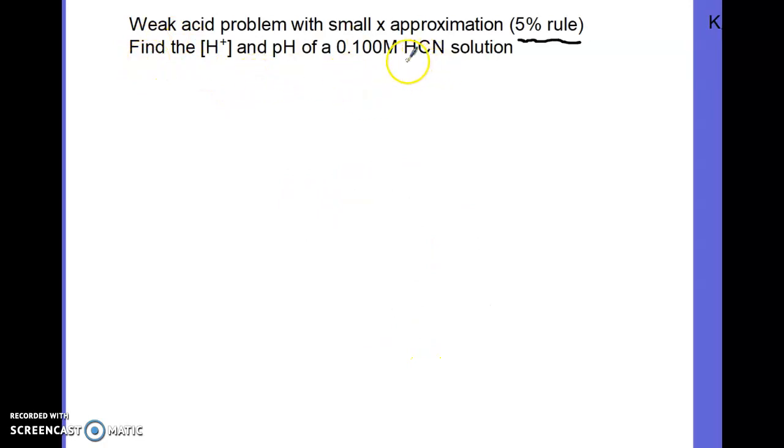So here we have this acid called hydrocyanic acid. I have the cyanide anion with hydrogen, okay? And so this is going to have your acid at this concentration. This is your initial concentration. This is where you start, okay?